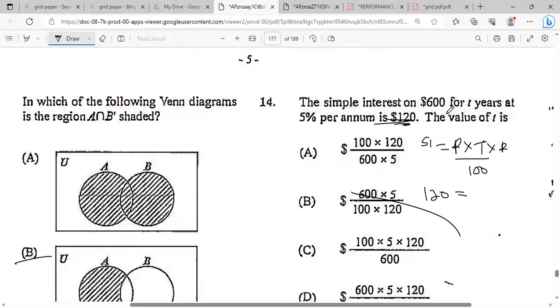The principal is 600, so we'll put in that. We don't know our time, so we'll put T. But we know the rate to be 5%, so we put the 5% over 100. So now we are transposing. This one divides your time, so we just look for T and say 120 times 100, divided by 600 times 5.